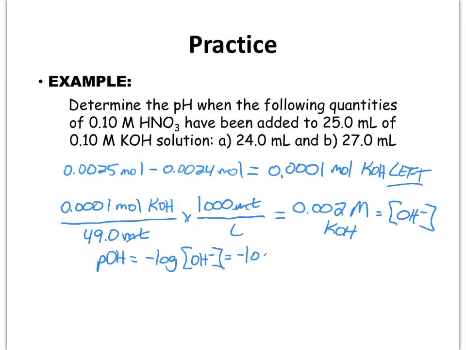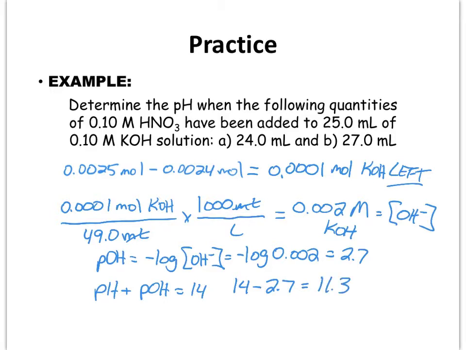So the negative log of 0.002, which would be equal to 2.7. Remember, we only had one sig fig here, so we only want one decimal place in our pH. And this is pOH, so pH plus pOH we know is equal to 14. So 14 minus the 2.7 would give us the pH of 11.3.